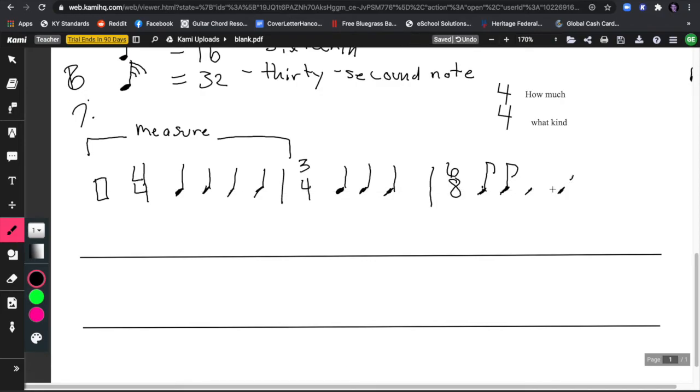Let me undo what I just did. There we are. See, it's getting a little bit better. No, that was terrible. I'm also going to be grading handwriting on this to the best of my ability.